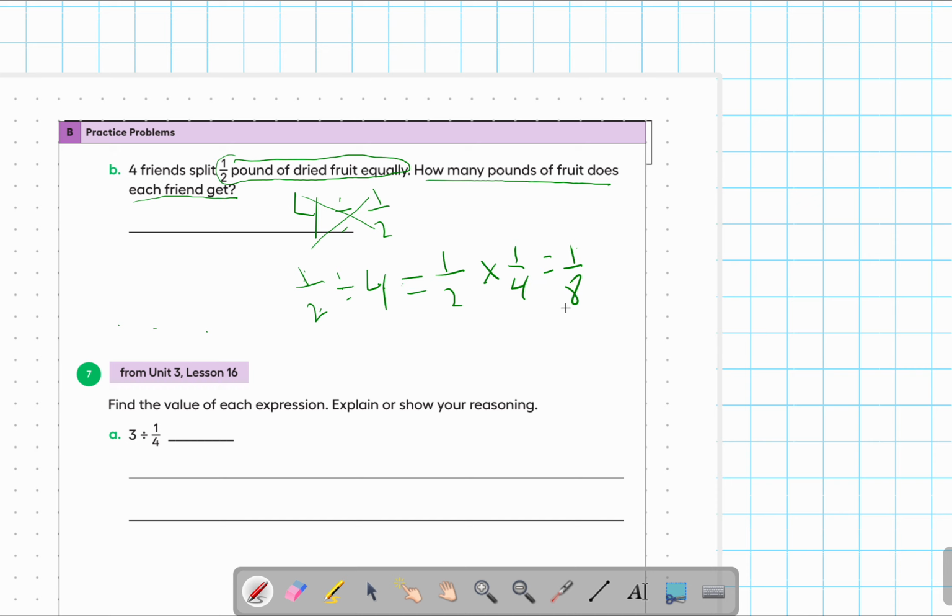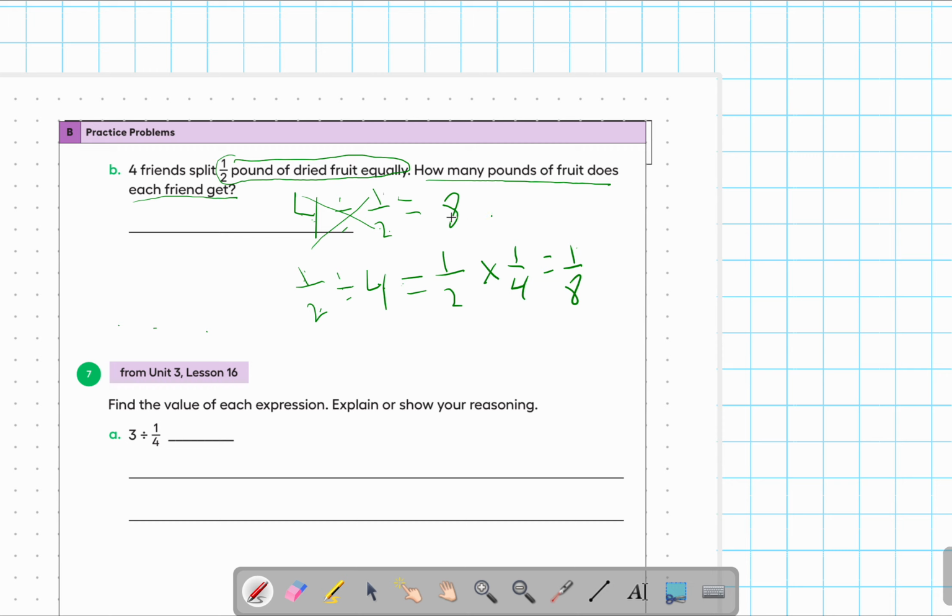But let's say that you made a mistake and thought this was the expression. You say, oh, it's 4 divided by 1/2. Let's solve for that. Keep, switch, flip. That's 4 times 2, so the answer is 8. How many pounds of fruit does each friend get? Each friend gets 8 pounds of fruit.